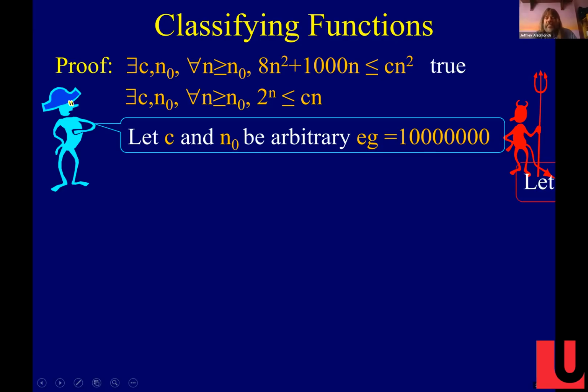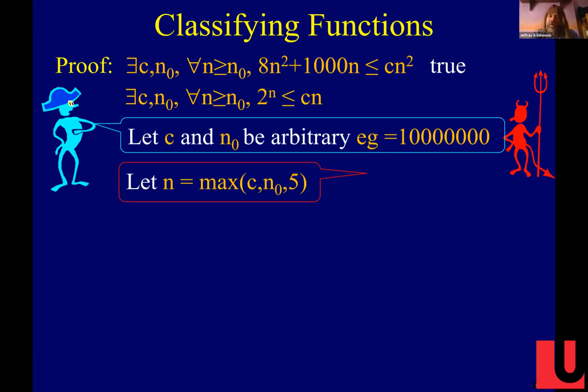So then the adversary says, no, it's not true. I can come up with an n on which this is going to be wrong, right? And what does n have to be? Well, as I make a bigger C, I'm going to need a bigger n to dominate this. I'm red.